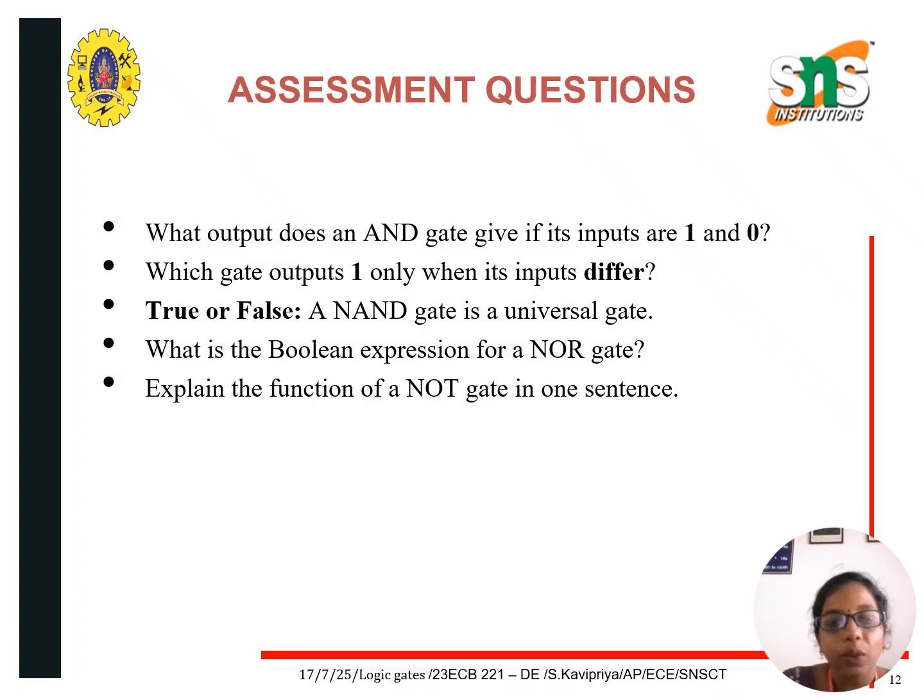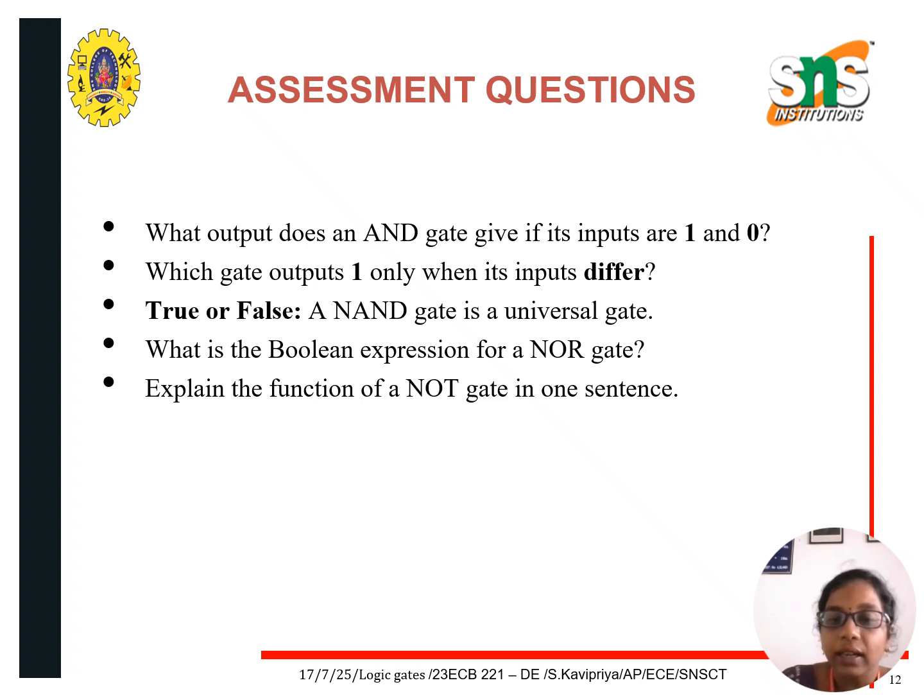So that's all about the various logic gates. The final one is the assessment questions. What output does an AND gate give if its inputs are 1 and 0? The output is 0. Which gate produces output 1 only when its inputs differ? It is the XOR gate.